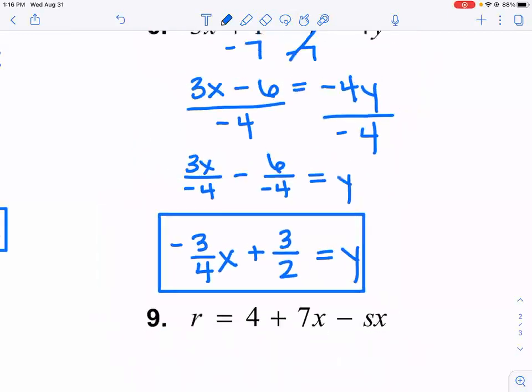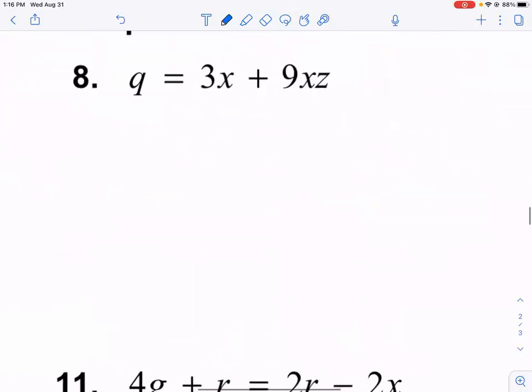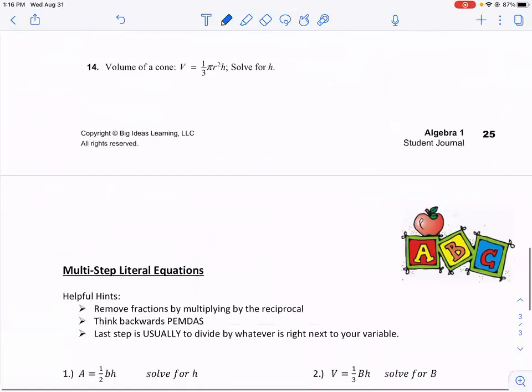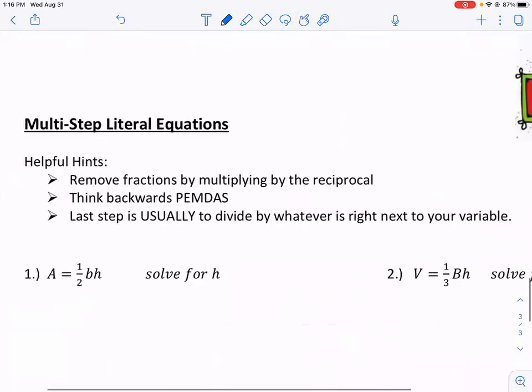All right, we're gonna come back to number 8, but what I want to do right now is I want you to grab the yellow sheet that's in front of you. So keep your journal open because we're coming back.